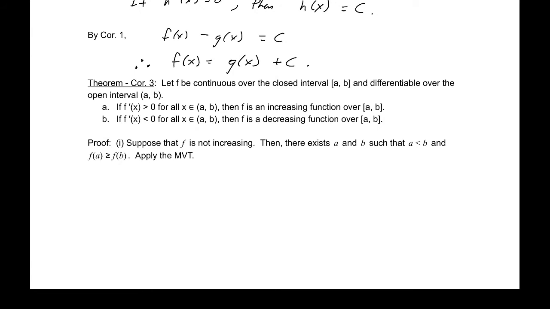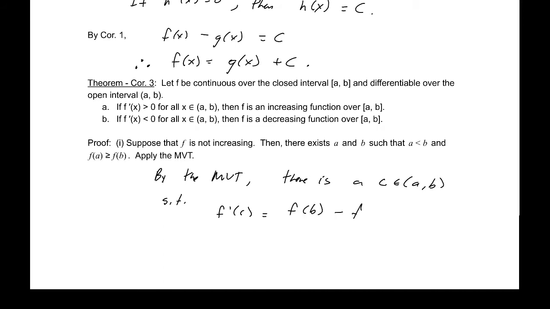All right, well, by the mean value theorem, there is a value c in the interval a b such that f prime of c is equal to f of b minus f of a divided by b minus a.